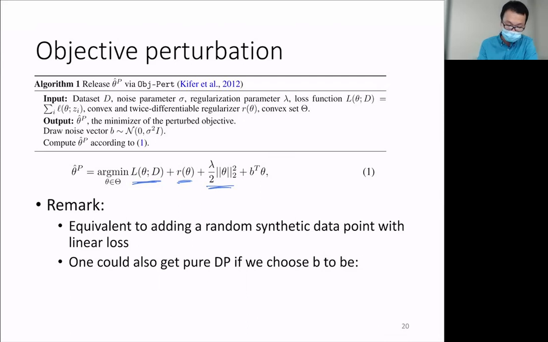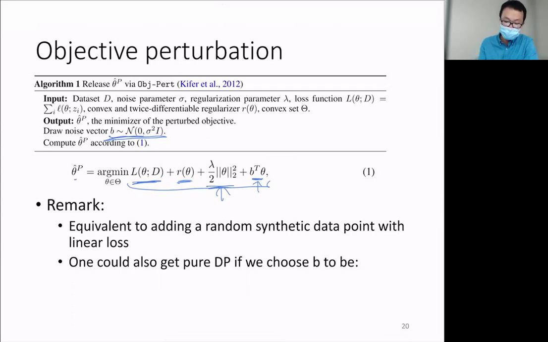How this works is to simply sample this noise vector from a standard Gaussian distribution IID for every coordinate, take an inner product with your parameter, and this creates a modified, additionally regularized and perturbed objective function. Solving this objective function by plugging it into any off-the-shelf optimization toolkit will return something that's drawn from a distribution induced by the distribution of the noise that you use to perturb the objective.